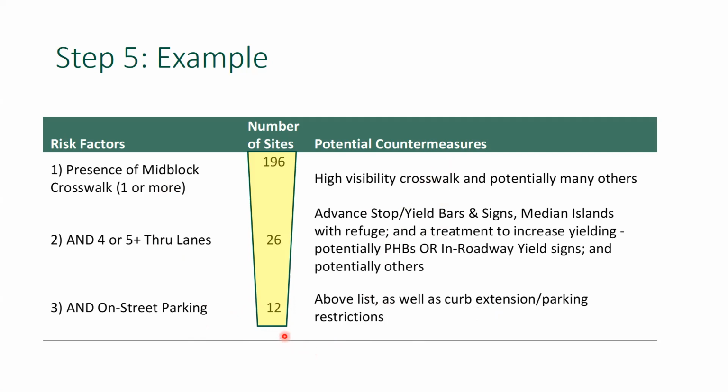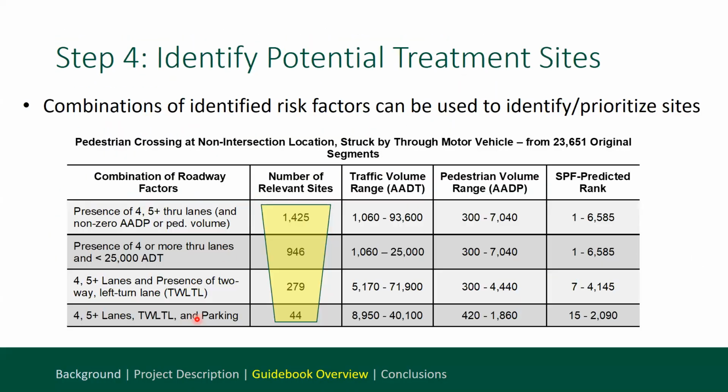So you can see that whenever you see a line like this, and like we saw before, there are only 4 to 5 lanes, two-way left turn lane and parking sites. There are only 44 of these. And then you add presence of two-way left turn lane, then you become 4 to 5 plus lanes. And you remove the parking restriction, you go to 279.